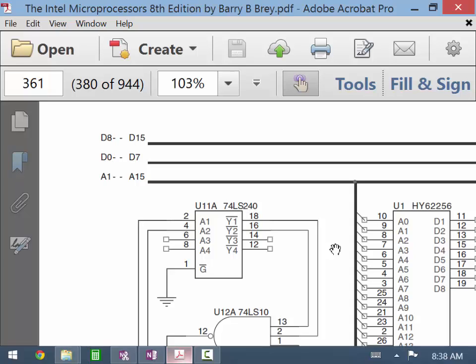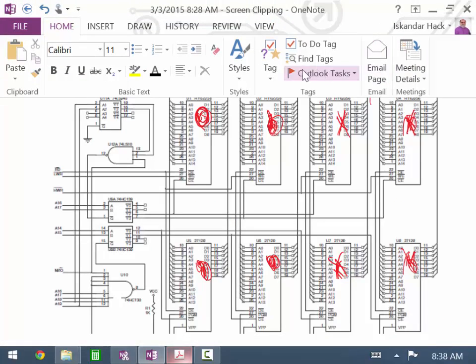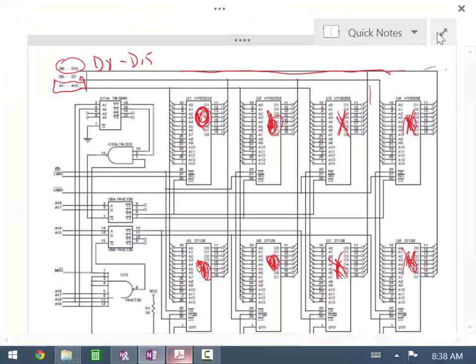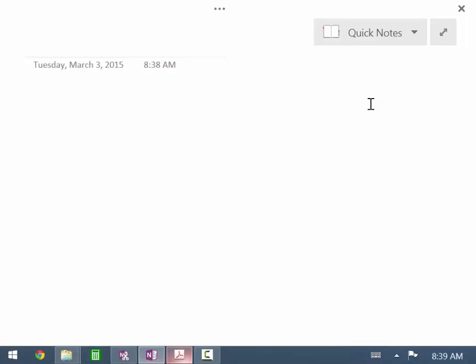Let me explain in more detail what I'm talking about. I'll come back to this page here. Let's just look at three bits of an address: 110, 111.